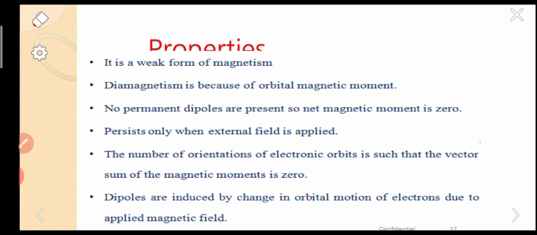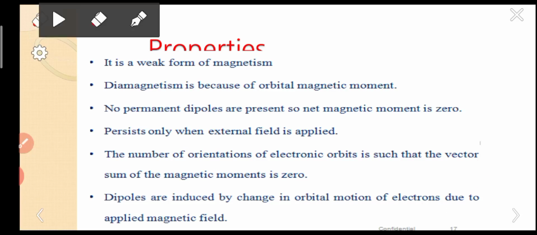The dipoles are induced by change in orbital motion of electrons due to applied field. Whenever we apply the magnetic field, the dipoles are induced. That means the orbital motion was changed. Whenever changed, the dipoles are created. So these are the properties. There may be two or more properties, I will explain it.